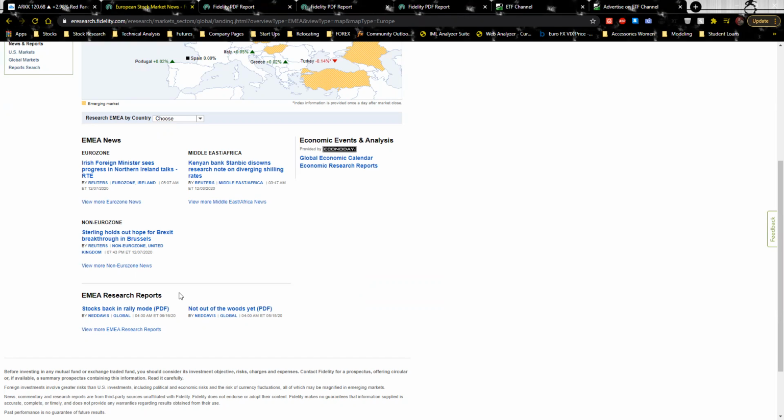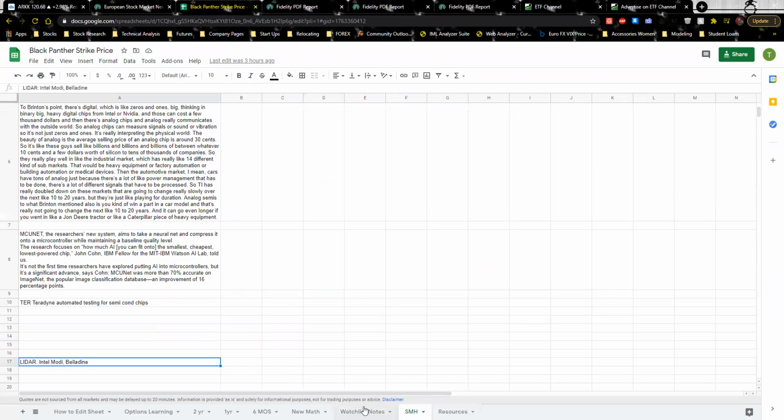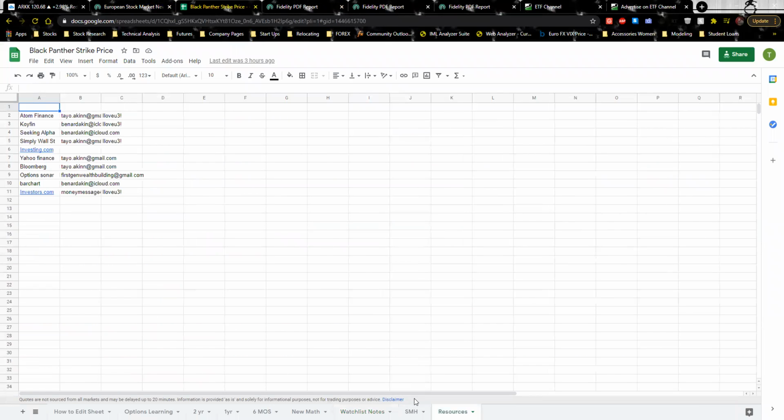When I'm checking the reports, I'm either writing it down if I think it's critical, or taking the notes and putting them in a worksheet on a spreadsheet that I have. Just take notes and keep them down.